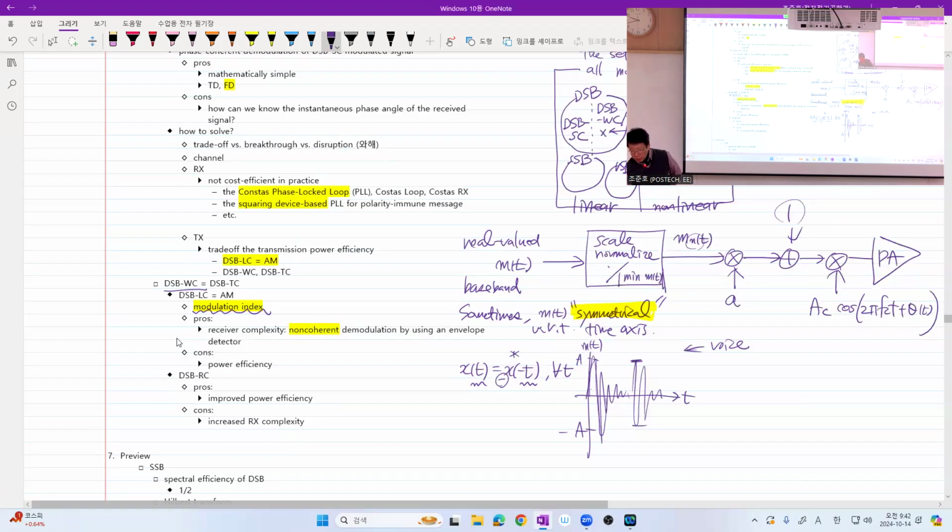And to make everything simple, let's assume we have a power amp and antenna to convert this electrical signal to a radio wave. Of course, from here, the signal is already a radio wave that propagates through the RF cable, but we model this one also as an electrical signal that is a function of time. That's what I said. Right?